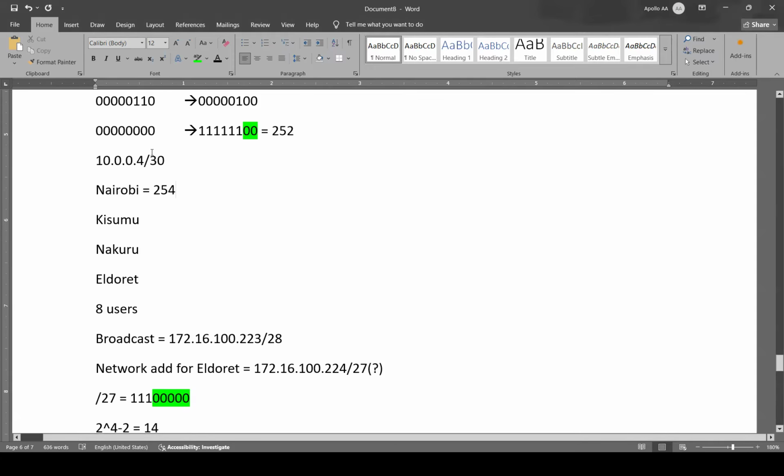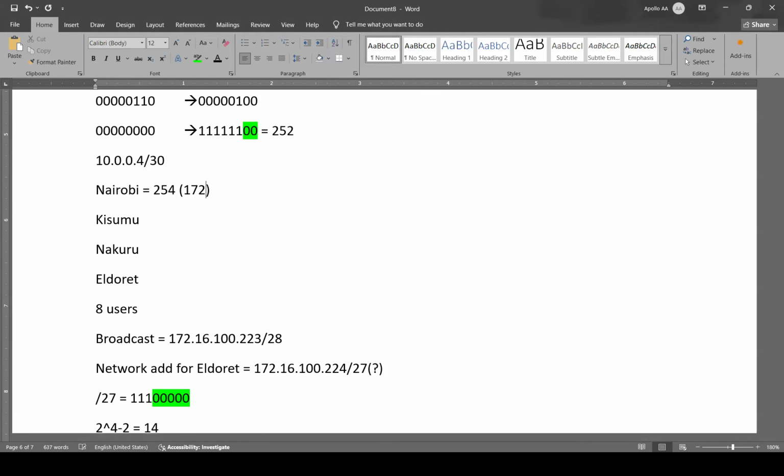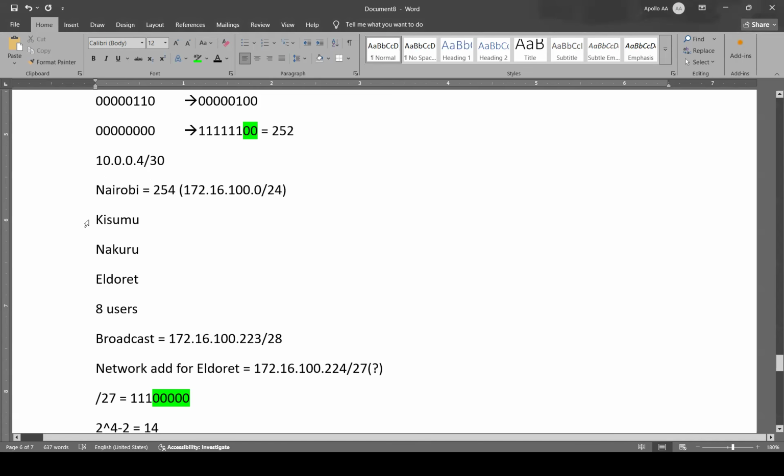I hope you know where 254 comes from, because our address was 172.16.100.0/24, which means this network has 254 addresses.